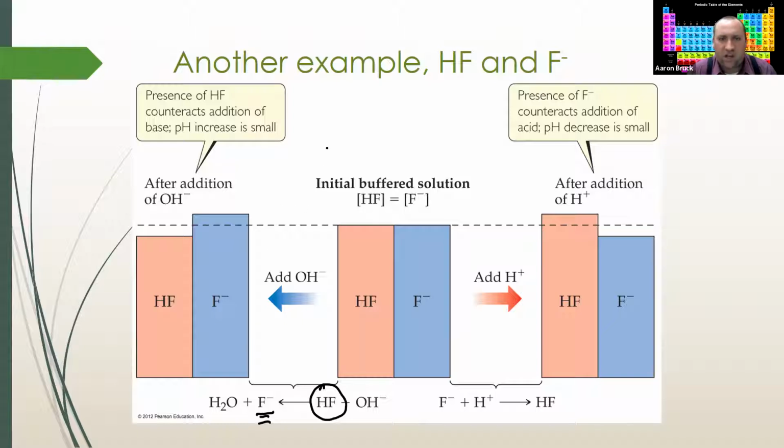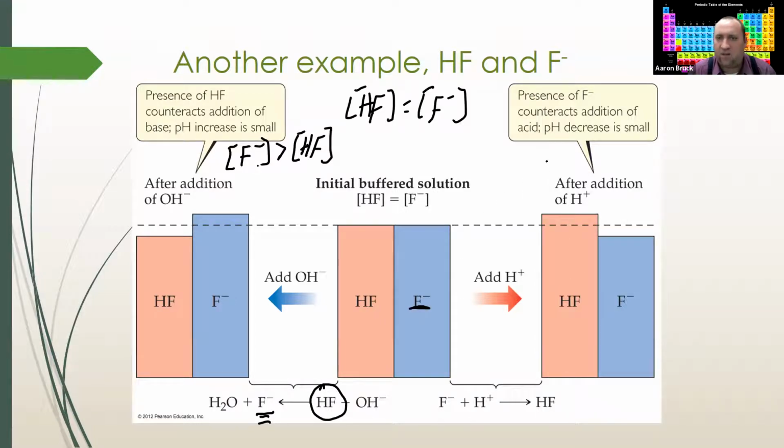And so all that really changes is, instead of the two being even, so here we started with even concentrations, now we're going to see slightly changed ratios of one to the other. And on the acid side, acid is going to react with the fluoride to give us more HF. So here, the concentration of the hydrofluoric acid ends up being larger than the fluoride. Again, we see a minor change in pH, but not a terribly drastic one.